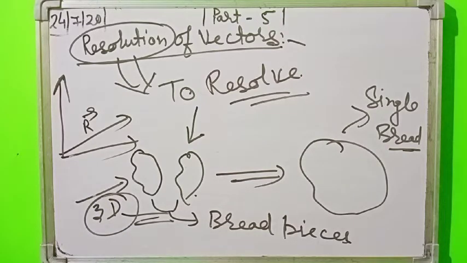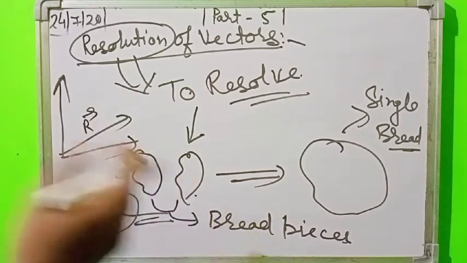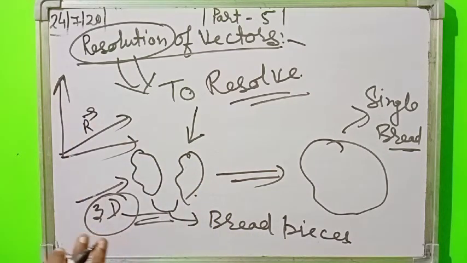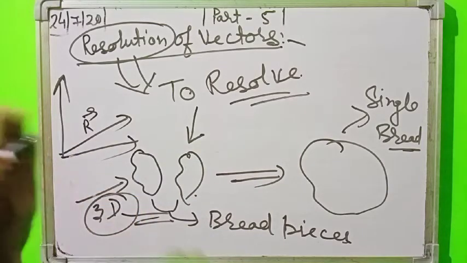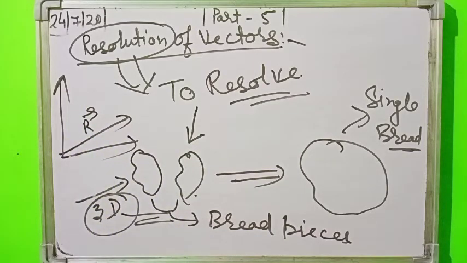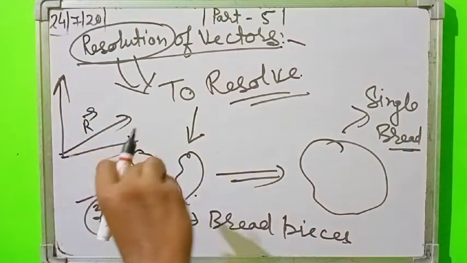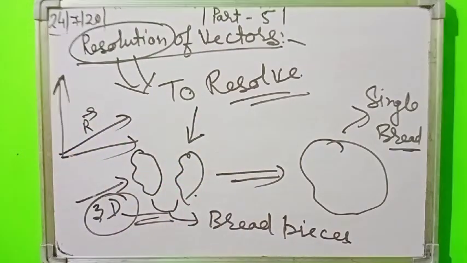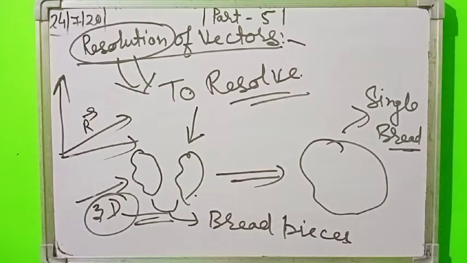So if a vector is in two dimensions, it can be resolved into two one-dimensional vectors, and if in three dimensions, into three vectors of one dimension.